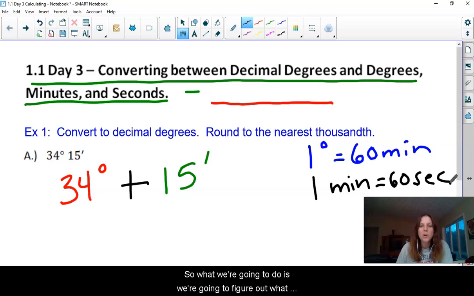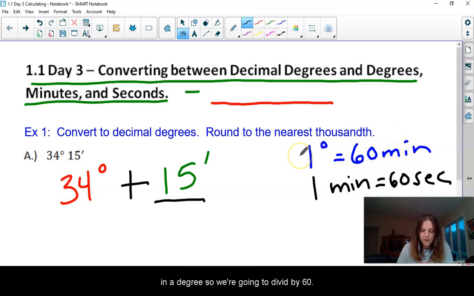So what we're going to do is figure out what part of a degree we actually have here. We have 34 whole degrees and we have a part of a degree. So we're going to be dividing. We're going to turn it into a decimal. Think about how many minutes are in a degree. If you look over here, we said that there are 60 minutes in a degree, so we're going to divide by 60.